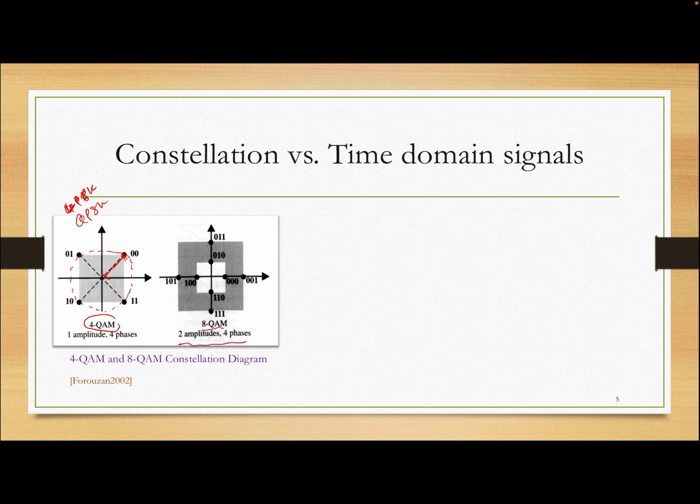This is 8 QAM, which is 2 amplitudes and 4 phases. This one is good in that it uses gray code. I have talked about gray code before, right?